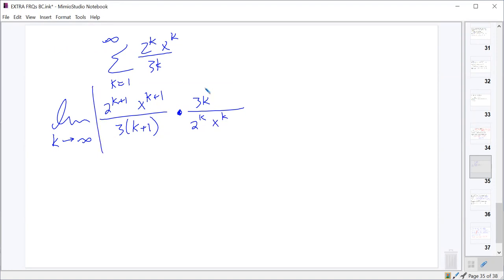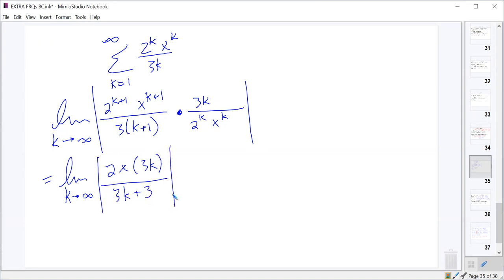Because this is not always positive, we'll use absolute values on it. So we have the limit as k approaches infinity of, well, 2 to the k plus 1 over 2 to the k is just a 2 in the numerator. x to the k plus 1 over x to the k is just an x in the numerator. And then 3k over 3 times k plus 1 is just 3k over 3k plus 3.